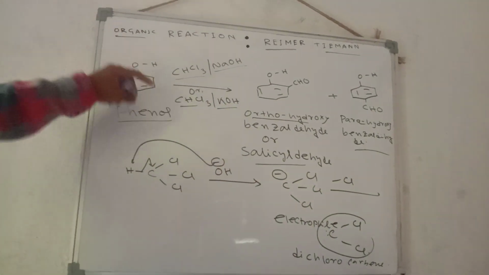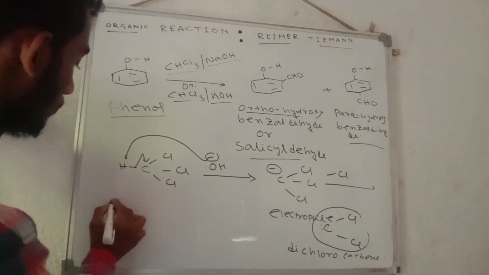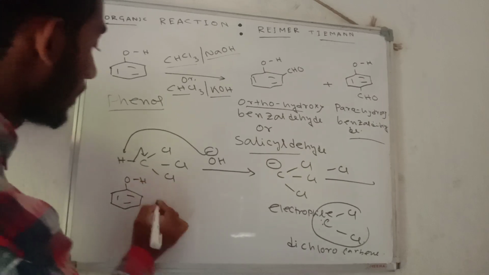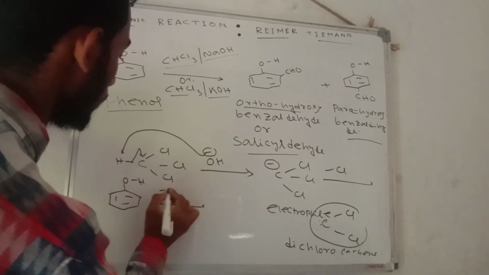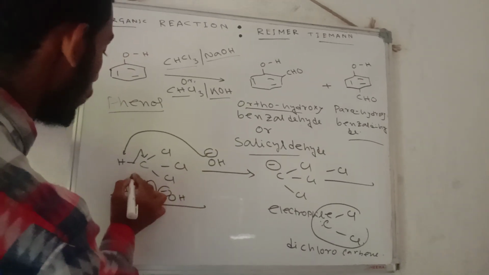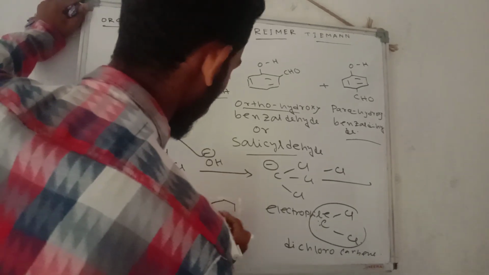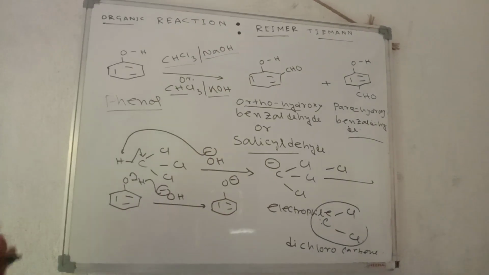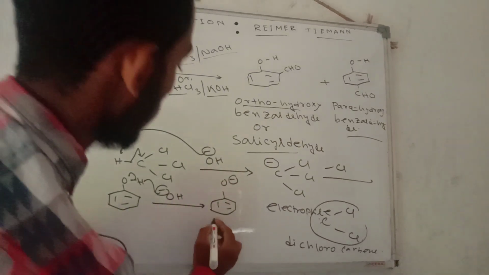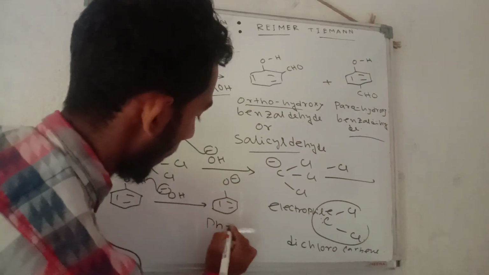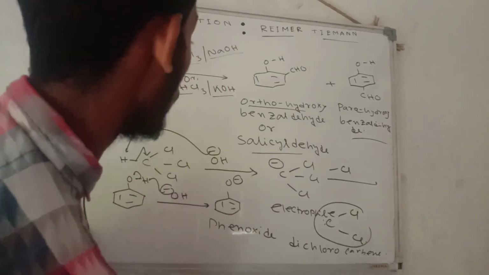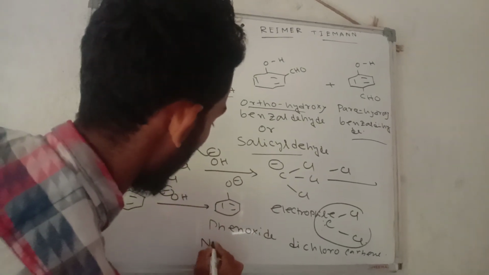And in basic condition, the acidic hydrogen of the phenol is picked up by the OH minus ion, and we get the phenoxide ion. It is the phenoxide ion and it is the nucleophile of this reaction.